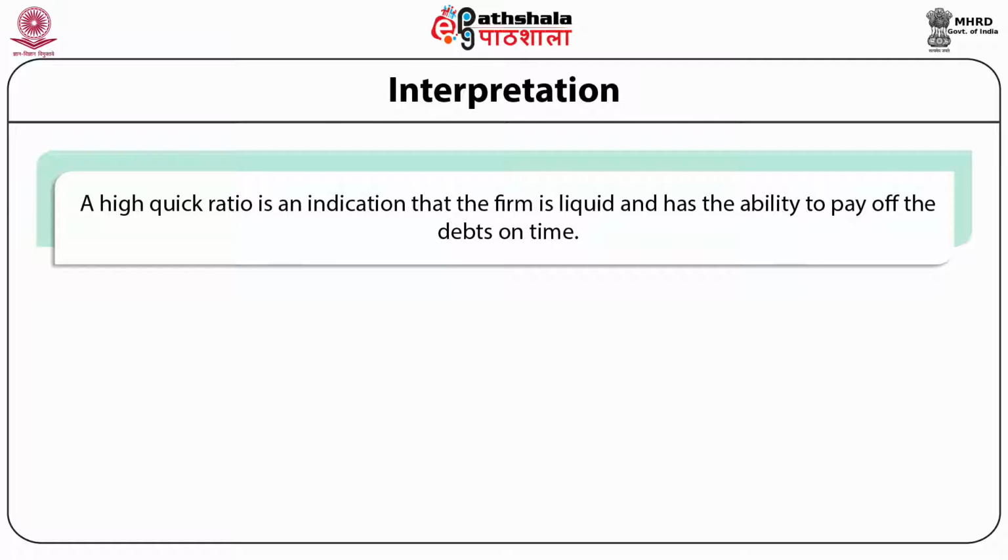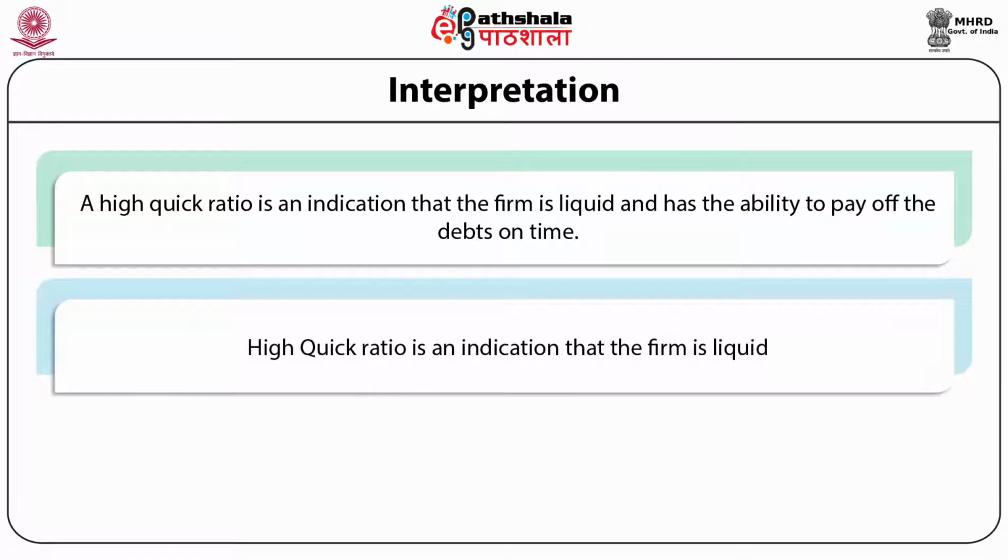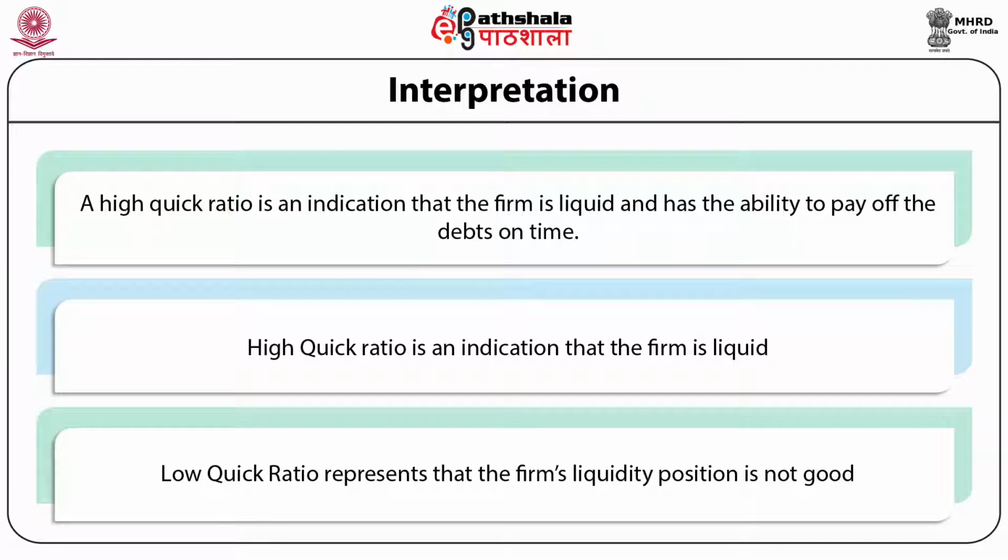A high quick ratio is an indication that the firm is liquid and has the ability to pay off its debts on time. A low quick ratio represents that the firm's liquidity position is not so good.